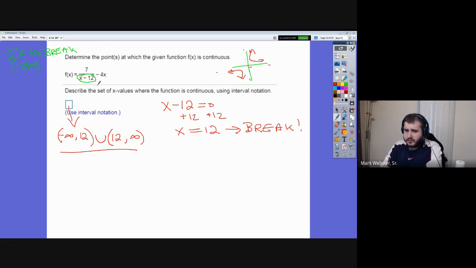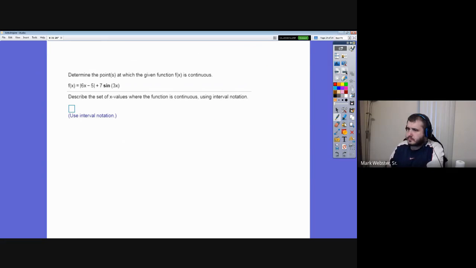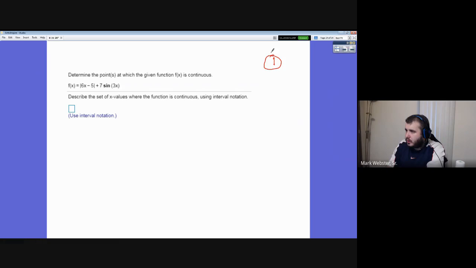All right, so let's look at the next one. So we want to know what's going on with this one. And remember what I said. We're looking to find some dividing by 0 issues, some square root of negative number issues, and some logarithms with weird stuff inside of them.